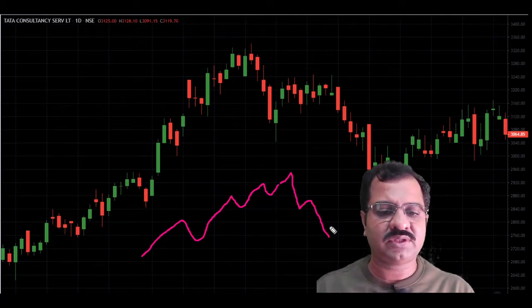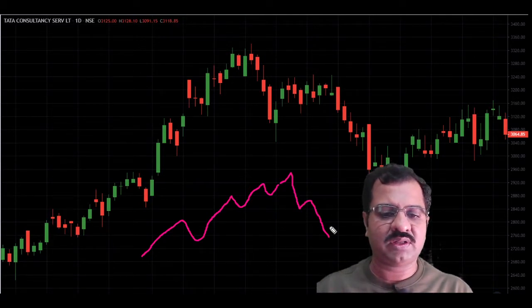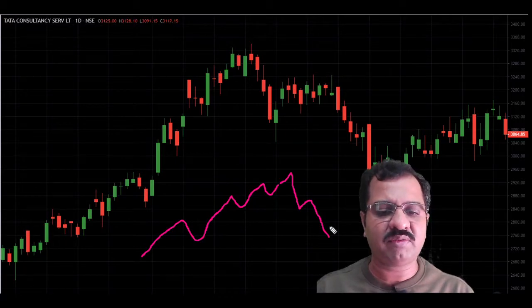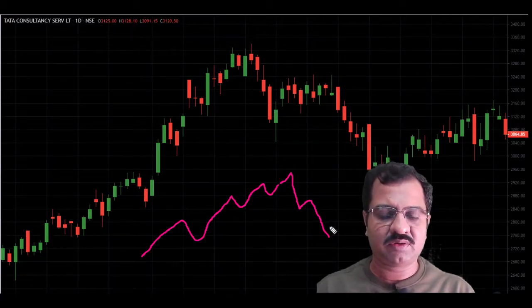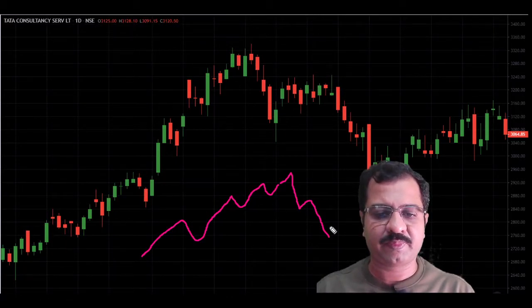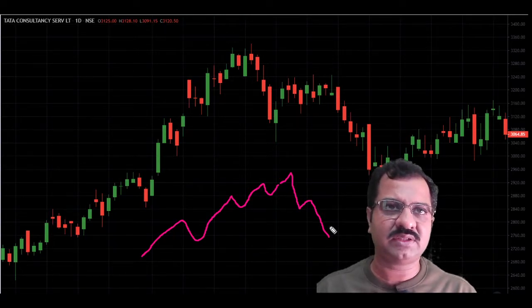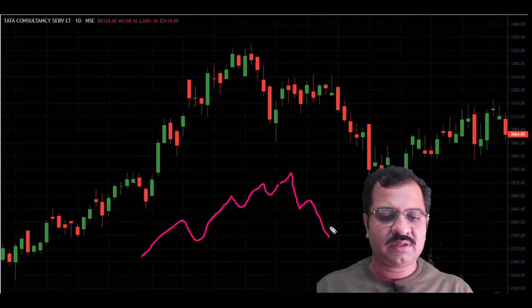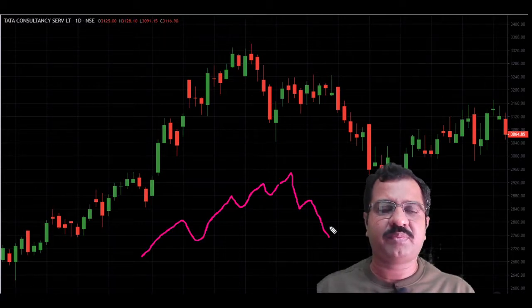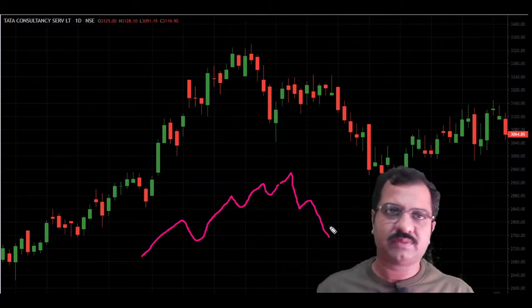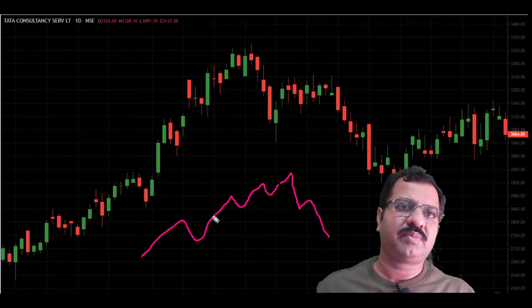Now this chart where there is only line, these are plotted based on closing price of every day. And what this chart tells us, that this particular day price was closed at this point. So this was the day price closed at this point.